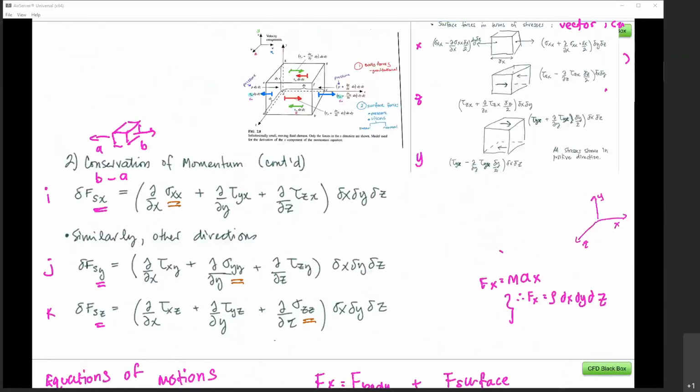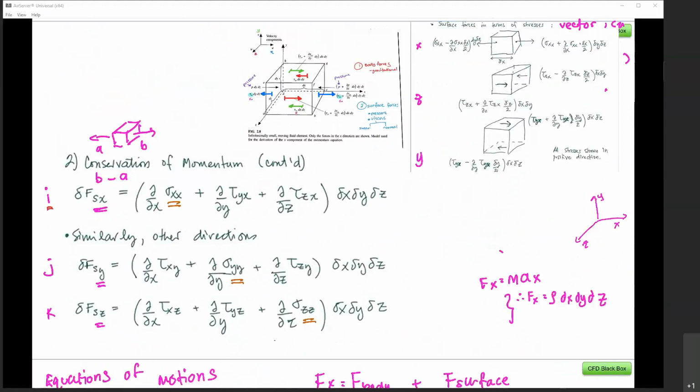From there, what we can write is we group all the forces in the same direction together, for the conservation of momentum, in the i, j, and k components.